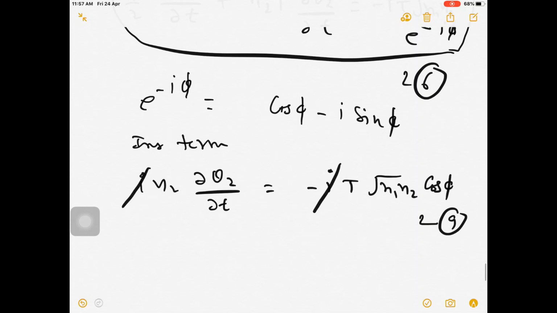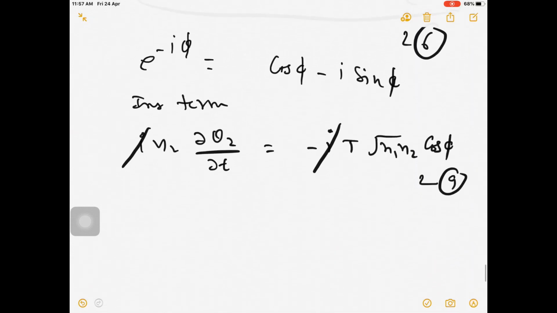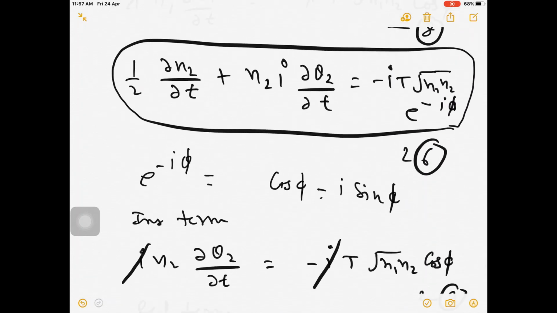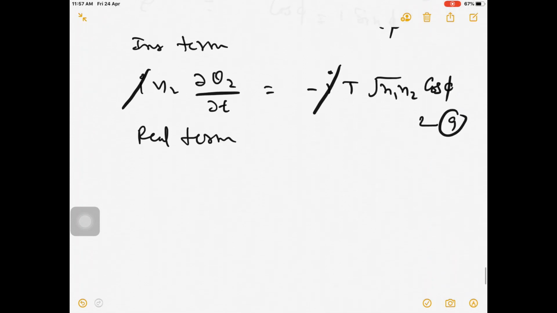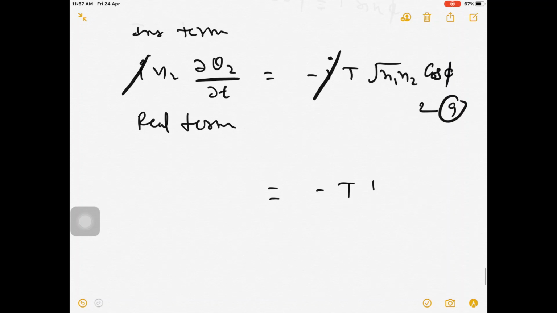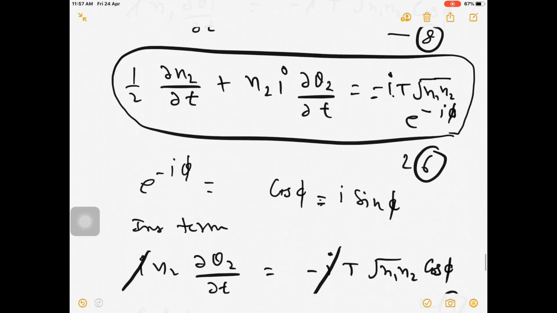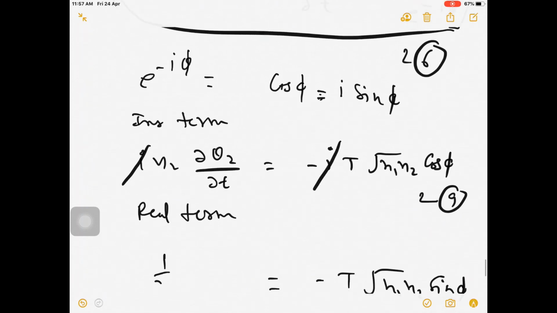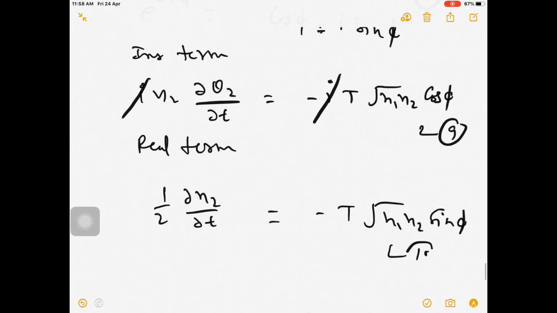I can delete iota from both sides, and for the real term this time, minus iota, this minus and this minus becomes plus, then again iota into iota square will again become minus. So the right hand side will be minus t under root n1 n2 sin phi, and the left hand side will be 1 by 2 del n2 divided by del t, and let this be equation number 10.